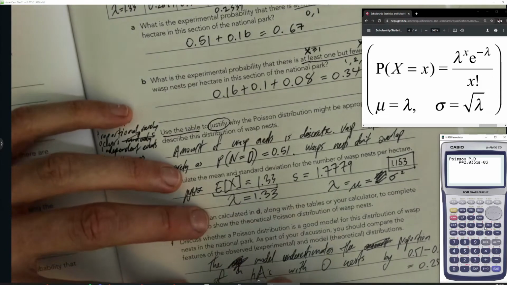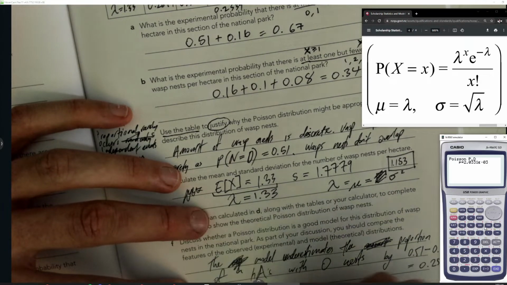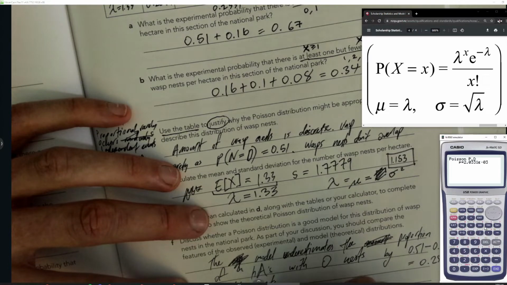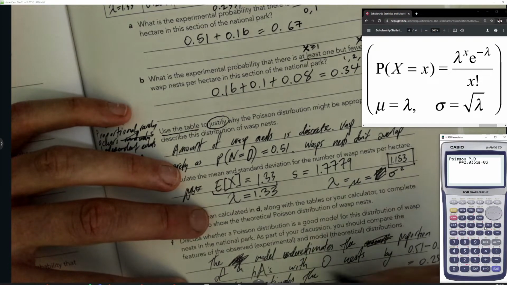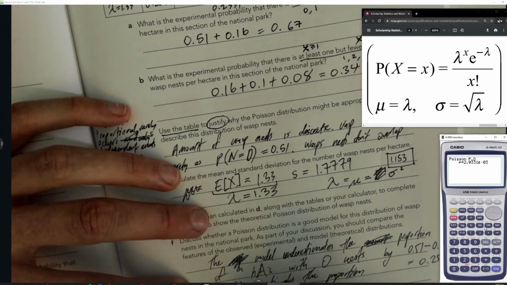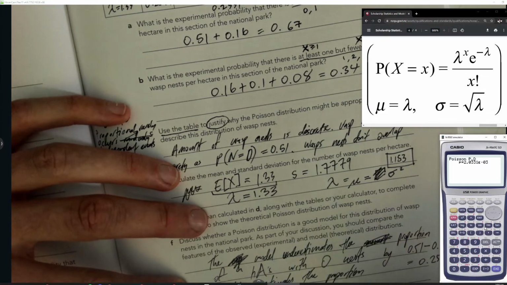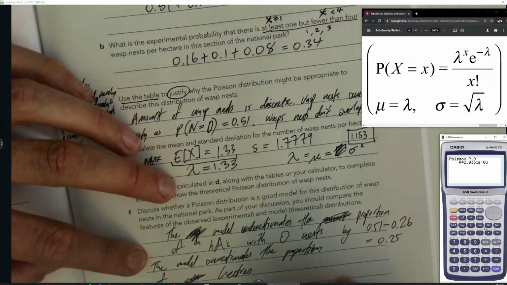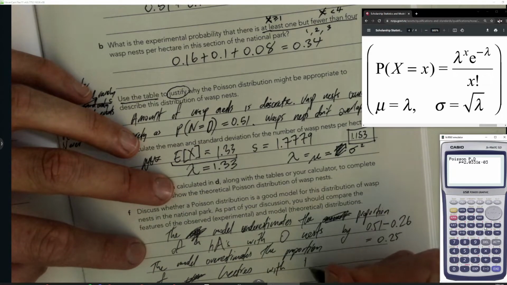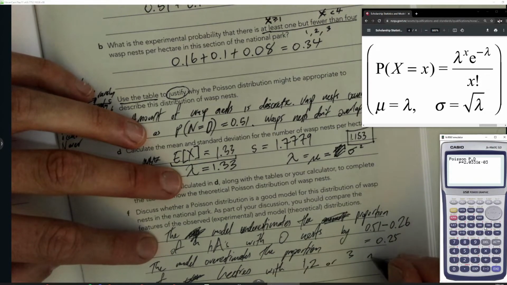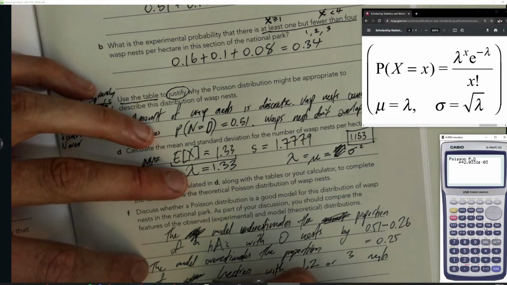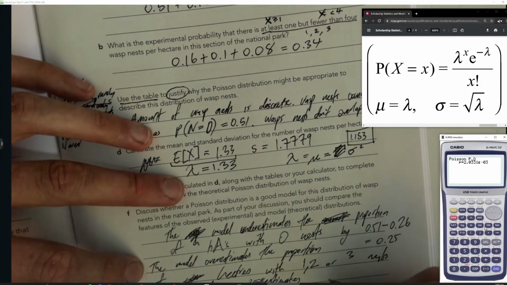So yeah, the model overestimates the proportion of hectares, maybe I should just write hectares, proportion of hectares with 1, 2 or 3 nests, and then over estimates the rest.